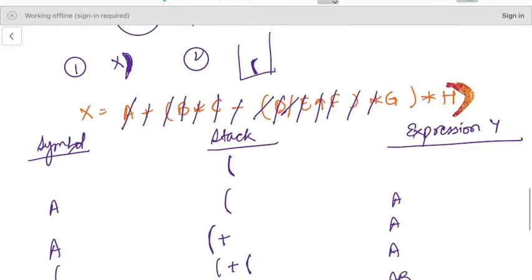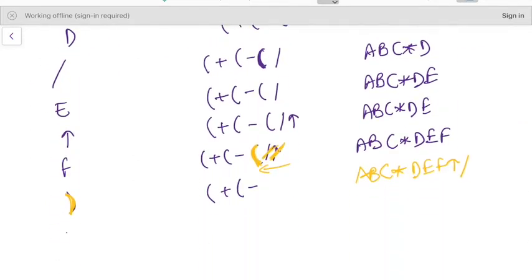And then multiplication. So multiplication has highest priority, so higher priority than subtraction.